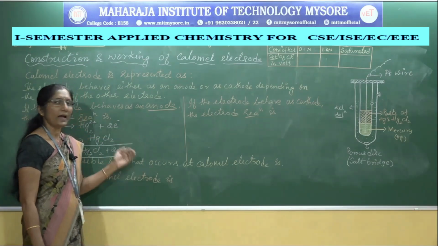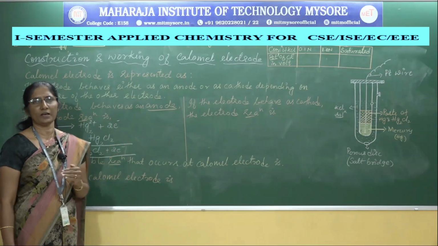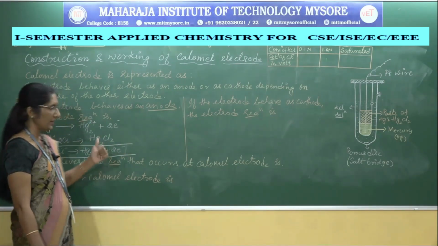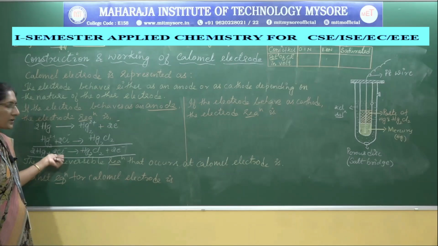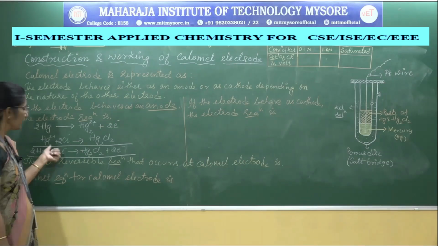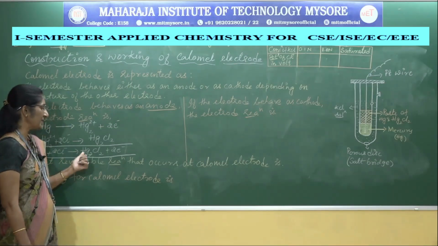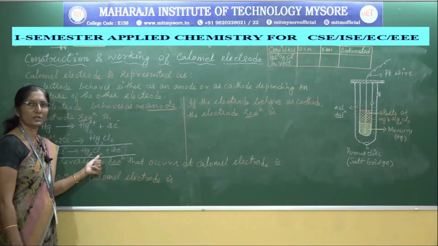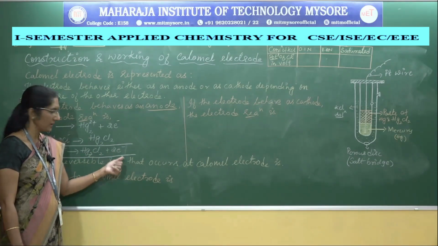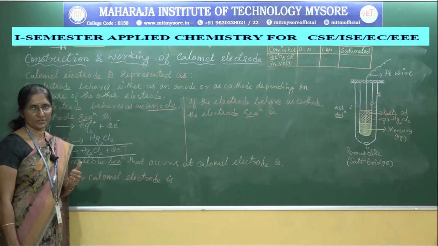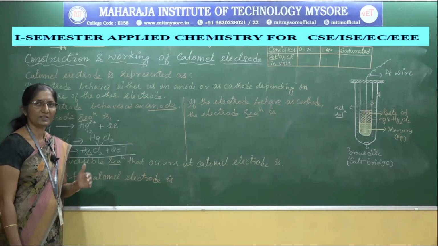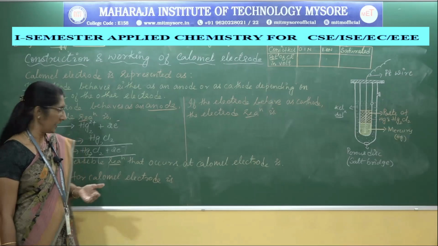So what is the anode reaction when the calomel electrode acts as an anode? The net anode reaction is 2Hg reacts with 2Cl minus to give Hg2Cl2 with the liberation of electrons. This confirms the oxidation reaction. Oxidation reaction means there should be a liberation of electrons.